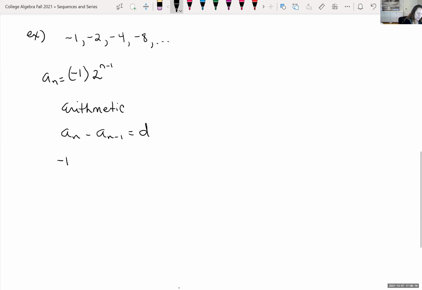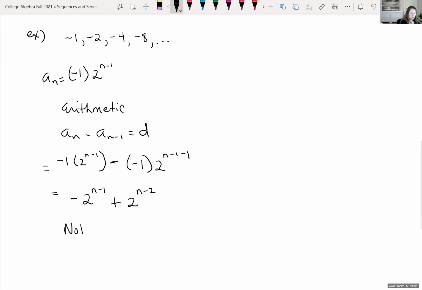And if we had -1 times 2 to the n minus 1 power minus a sub n minus 1, that's negative of 2 to the n minus 1 plus 2 to the n minus 2. There's n still left in this, and we can't simplify this any further because they're not like terms. So this is not arithmetic.